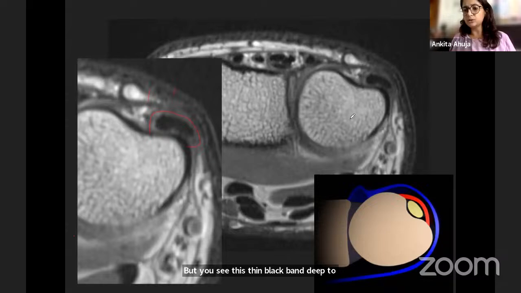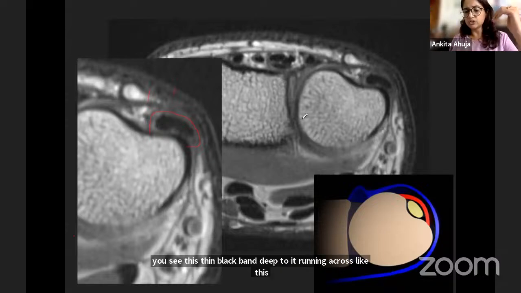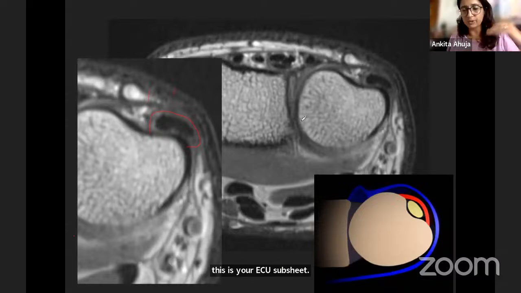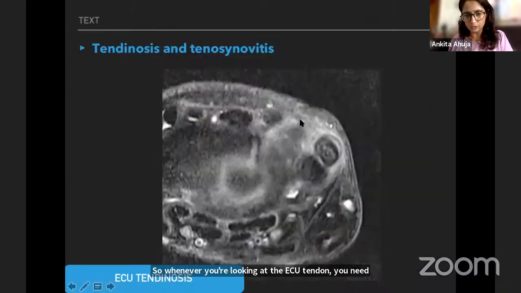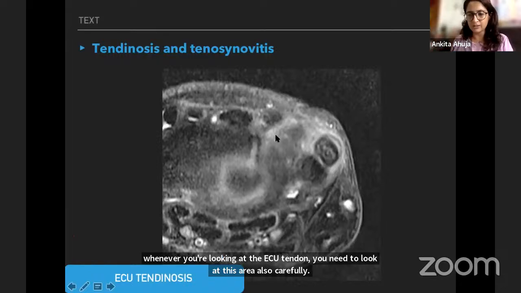This is your ECU subsheath. So this is a sheath which is holding the ECU tendon in place. So whenever you're looking at the ECU tendon, you need to look at this area also carefully. Again, once you start to analyze, the spectrum remains the same.